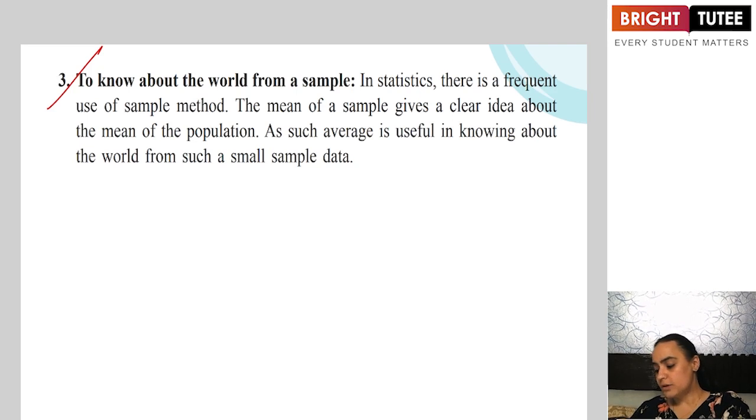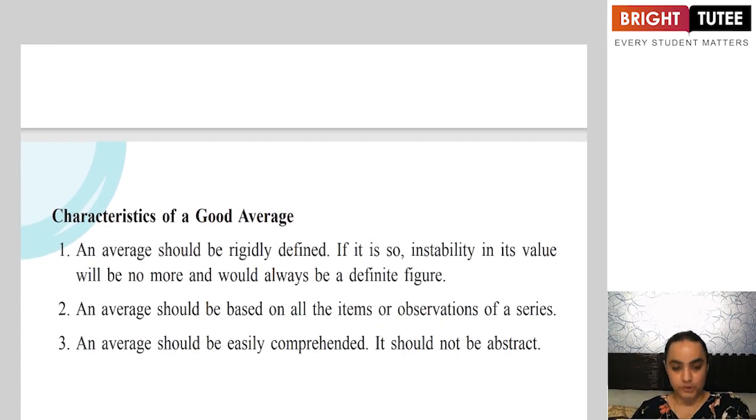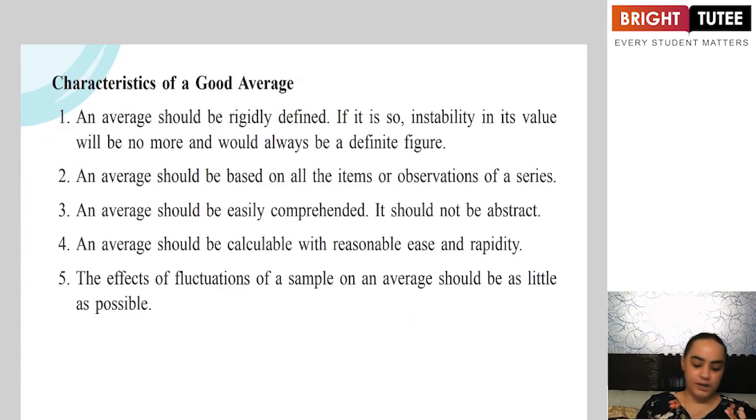Now, what are the characteristics, the features of a good average, a good mean? It should be rigidly defined. It means that the number that I derive out of my calculation should be fixed. It should be stable with no variation in it. It should include all the numbers of the observation.